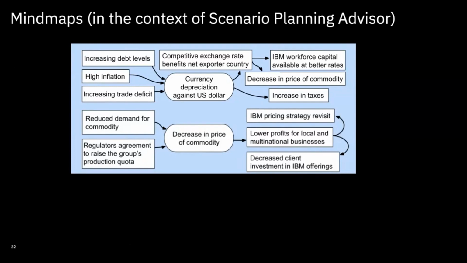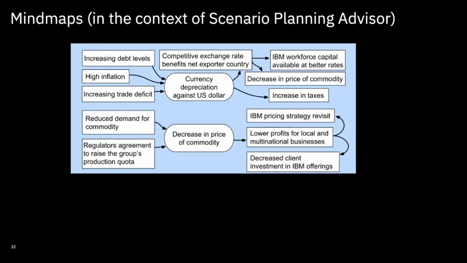So here's an example of 2 mind maps. You have the center concept, which is, for example, currency depreciation against US dollar, or decrease in price of commodity. And then you have nodes on the left. These are causes, and you also have nodes on the right, which are called the consequences.